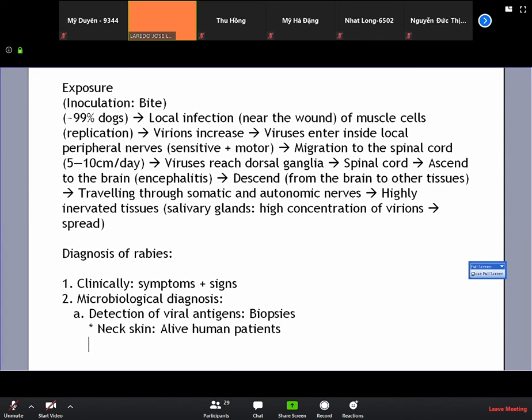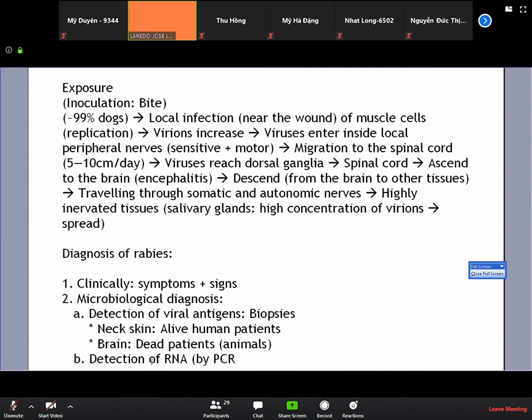We can also take a biopsy from the brain. But this is what we do if the patient is dead. And this is what we do in animals. To detect viral antigens. What else can we do? We can detect the RNA by PCR that you already know.